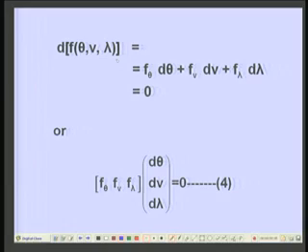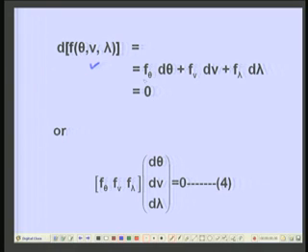The approach is very straightforward. We obtain the differential of this equation, that is d of f(theta, V, lambda). This can be written as f_theta d theta plus f_V dV plus f_lambda d lambda, and this is equal to 0.